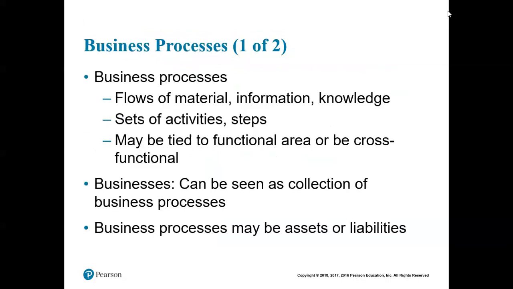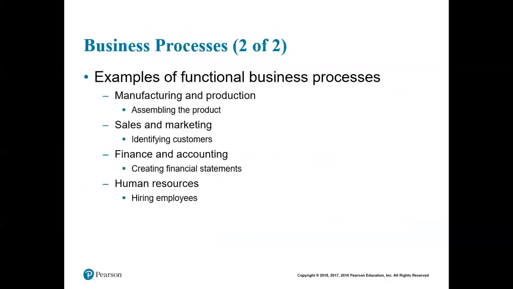A business process can be an asset if we're being operationally efficient, we're doing so well we can go into other business lines, we're surviving, or a liability if it's taking too long for us to do our job, we're not performing very well, we're getting behind our competition. This slide is just simply some steps that are business processes, identifying customers, hiring employees, etc.